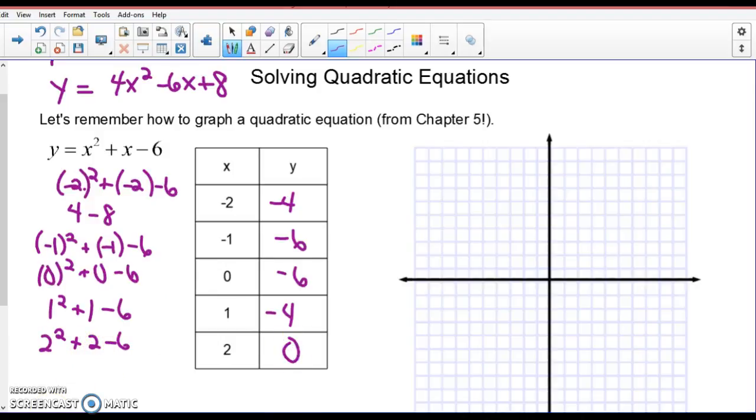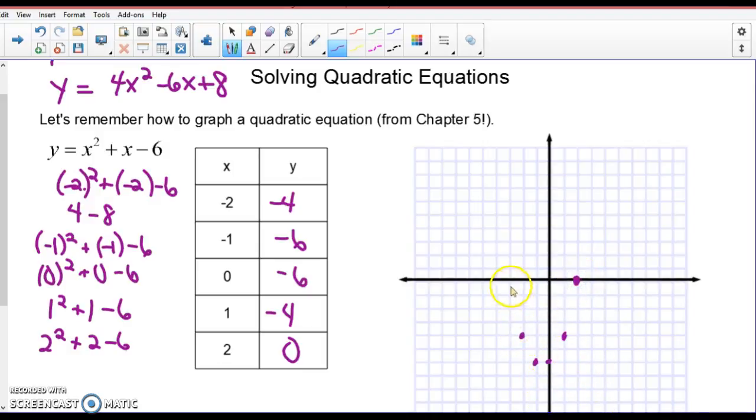So if I go over here to graph this, when x is -2, y is -4. When x is -1, y is -6. When x is 0, y is -6. When x is 1, y is -4. And when x is 2, y is 0.